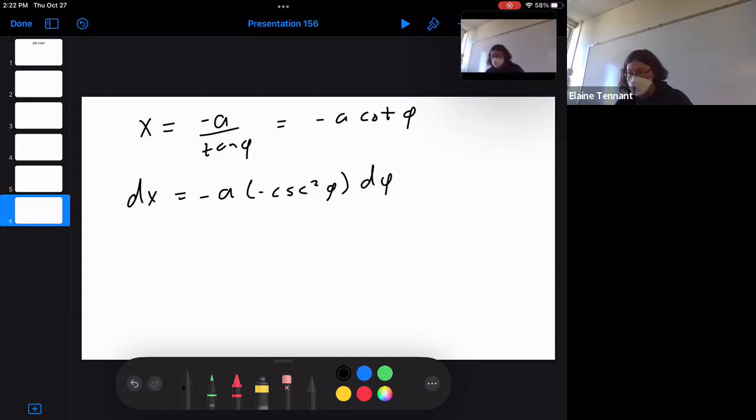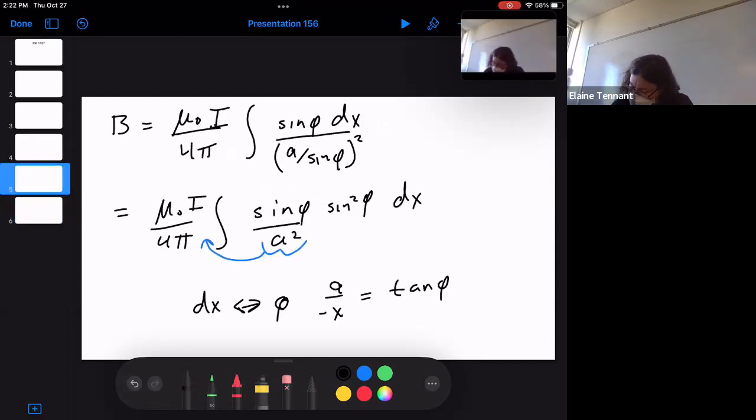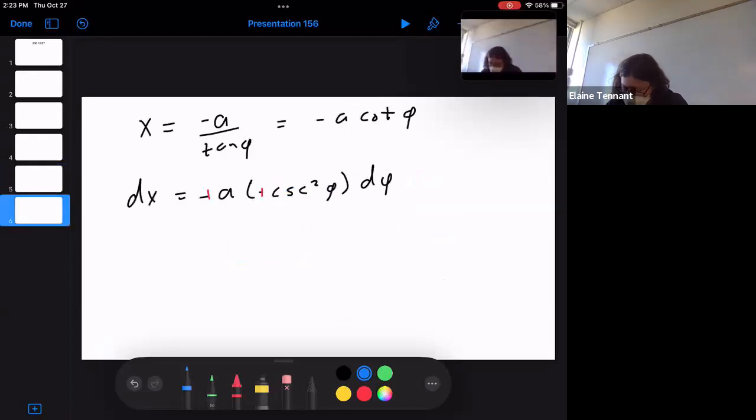All right. This is beautiful. This looks great. Our minus signs nicely cancel out. We have something we can plug into our integral. So we're going to plug that in for the dx. I'm also going to combine these two signs, so we're going to have a sine cubed. Okay, so my b, mu naught I over 4 pi.